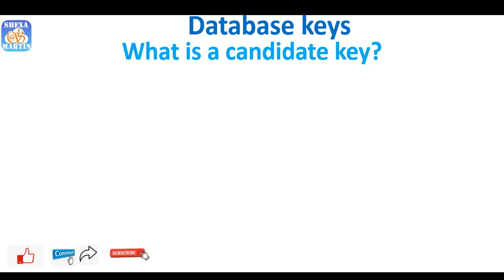So a candidate key by definition is a subset of a super key. Let me give you this first before I give you the definition. A candidate key is a subset of a super key because we have removed unnecessary attributes, attributes that are not necessary for unique identification of records in a database table. So a candidate key is a single field, or the least combination of fields, get this correct, that uniquely identifies each record in a table.